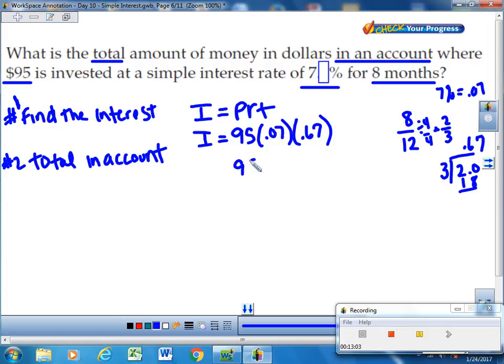So I'm going to go ahead and multiply 95 times 0.07. All right, and then take that amount and multiply it times 0.67.